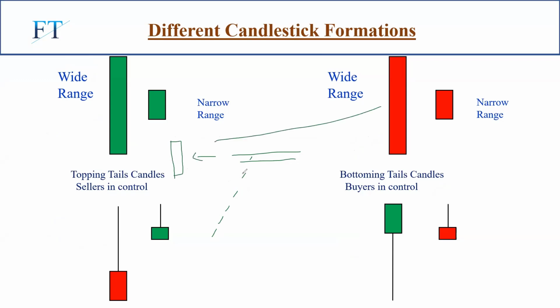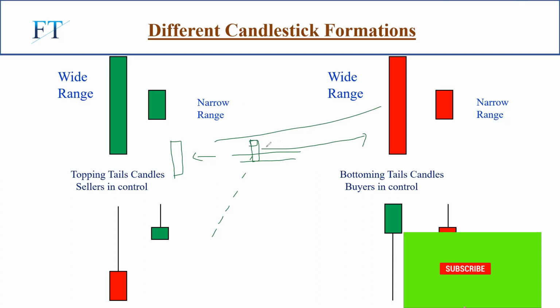Then at the time of market open, let's say you have a gap up opening, but eventually at the time of closing, this gap up opening, which was looking like a very strong, bullish market, has formed this red bar here. Now what will you think, or how should you interpret the market after this red bar here?